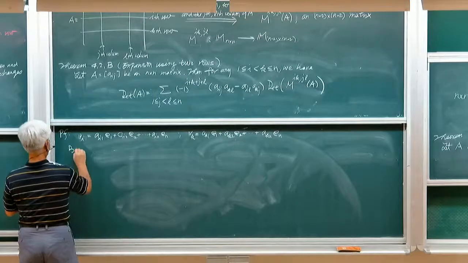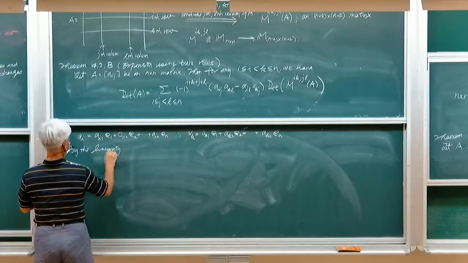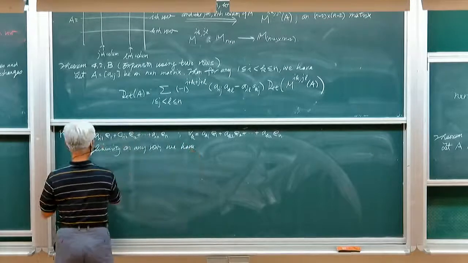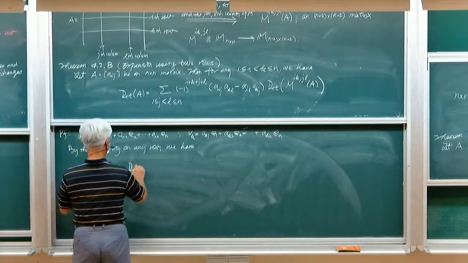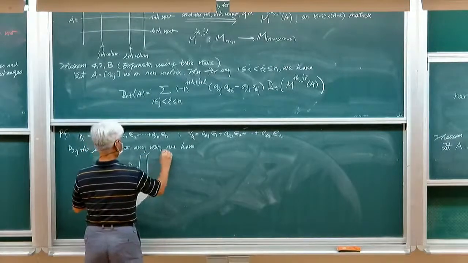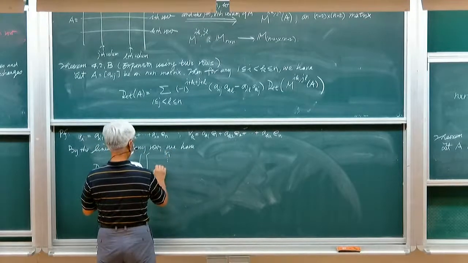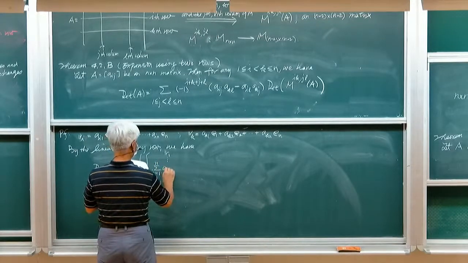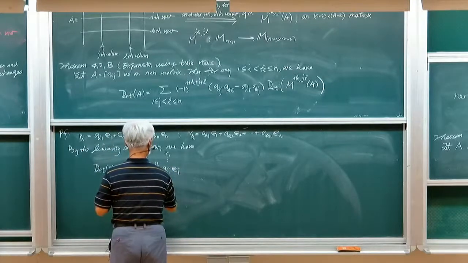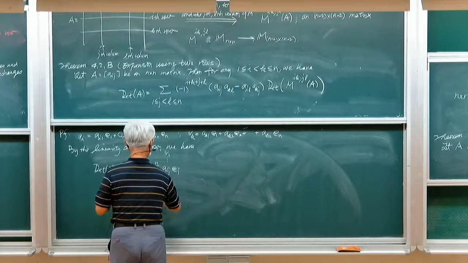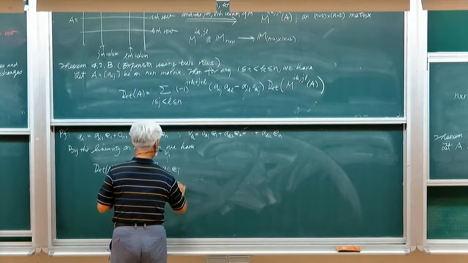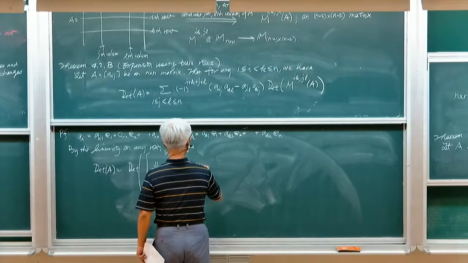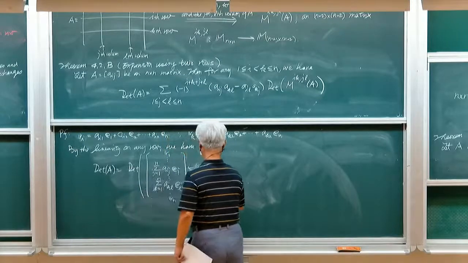By the linearity on any row, the determinant of A is the determinant of R1, then the summation j from 1 to n of a_ij e_j in the i-th row, and the summation l from 1 to n of a_kl e_l in the k-th row, up to Rn.